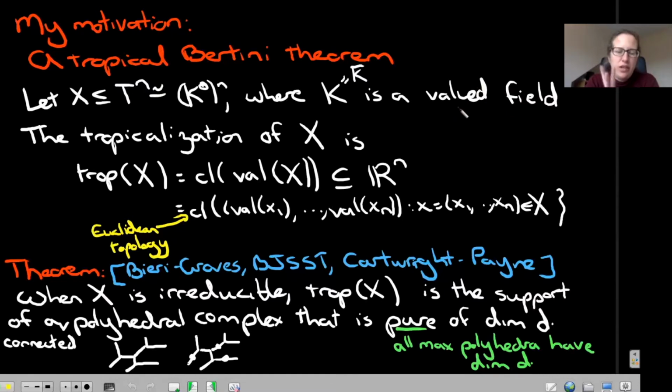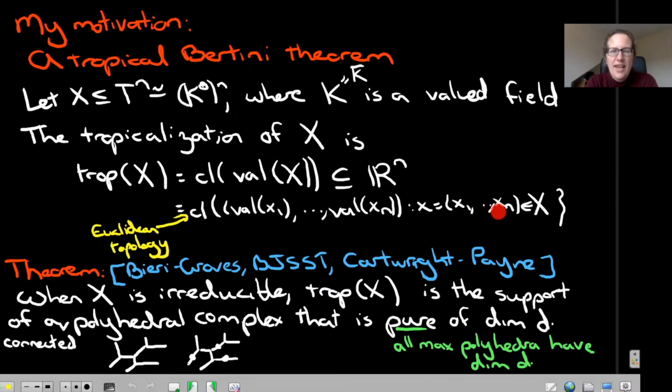In general, we can relax some of these assumptions, but I'm giving you the version that makes the exposition simpler. So the tropicalization of X is going to be just the closure of the valuation of X as a subset of R^n. What do I mean by that? Well, because I've chosen coordinates, I've chosen X as a subvariety of K star to the n.